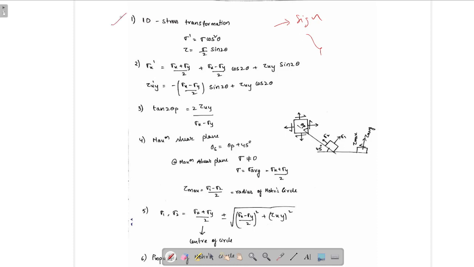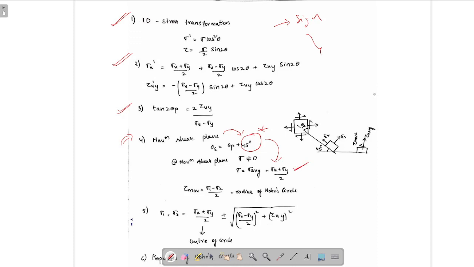This 1D stress formula also we have to remember. This transformation of stresses formula, and what is the principal plane and how we obtain the principal plane, and what is the maximum shear stress plane, and how the maximum shear stress plane is at 45 degrees to the principal stress angle is important. At the maximum shear stress plane the normal stress won't be 0, and it will be the average of the 2 normal stresses.